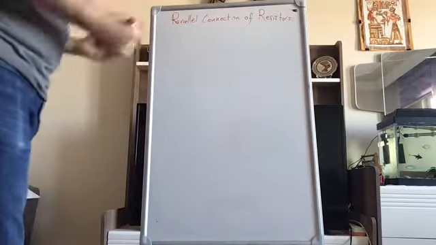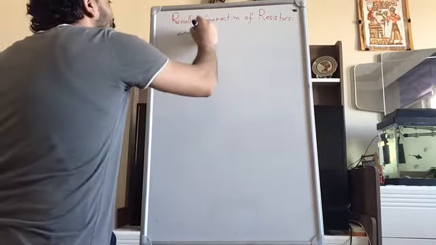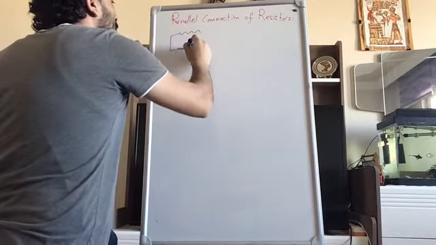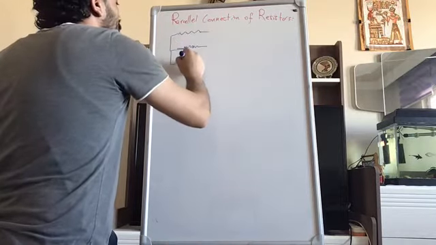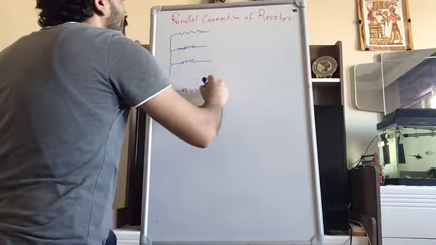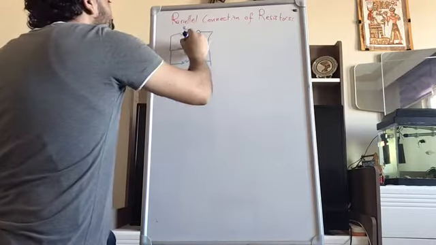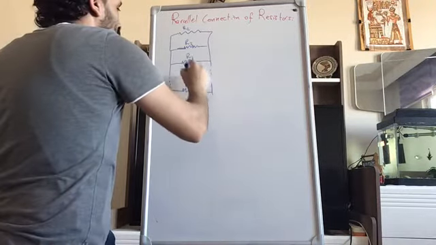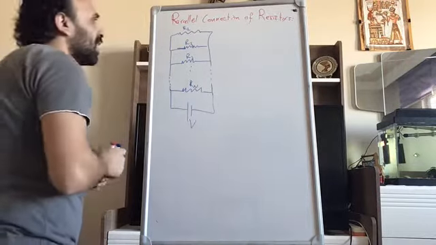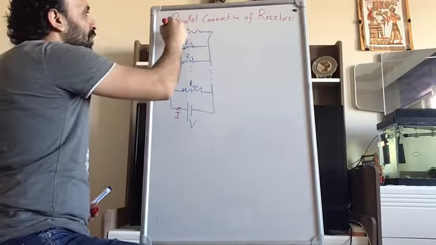If you have n resistors in the parallel connection, like this is R1, R2, R3, Rn, and they are connected to the power supply V. In the parallel connection, total current will be I, but each will have a different current, right?